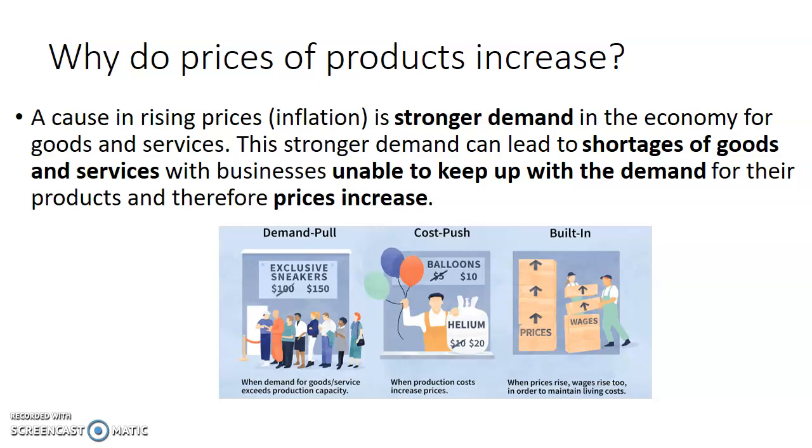The businesses were not able to meet the demand, so there was a shortage of goods and services, and that is the reason some of the toilet papers were sold at high prices. Even the sanitizer bottles, little tiny bottles, were sold for $5-6. Normally you would get them for $3.50. Okay, so this is how the prices of products increase.